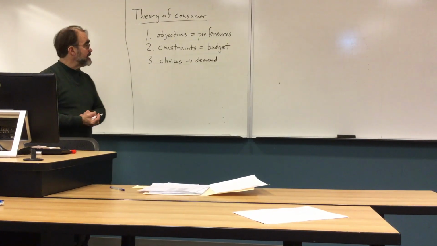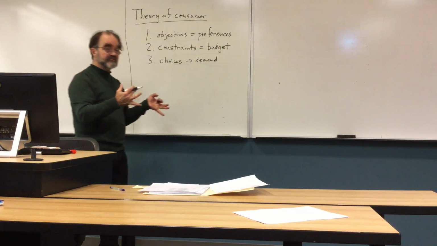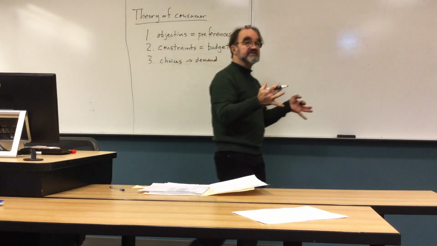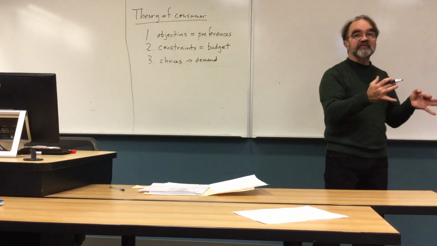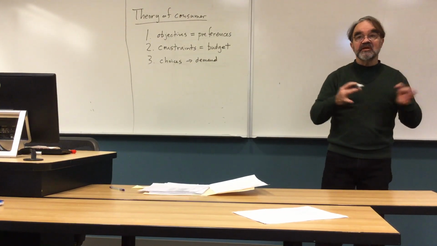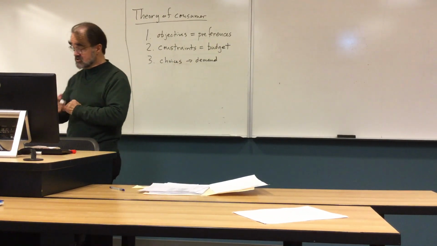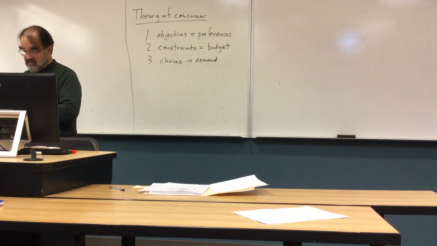So this is a positive theory of consumer behavior. Positive in the sense that it's trying to describe the behavior and predict behavior changes in response to changes in the environment, changes in constraints.